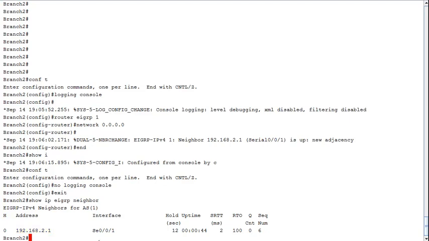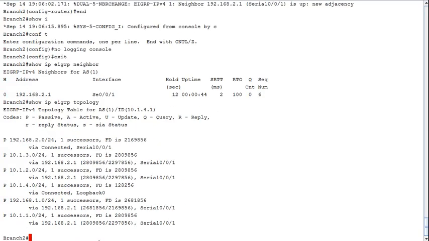Let's do a show IP EIGRP topology. Okay. These are all the routes that branch 2 learned from HQ, from its neighbor. The topology table contains all the routes learned from its neighbors. Since it only has one neighbor, these are all the routes that branch 2 has learned from HQ.